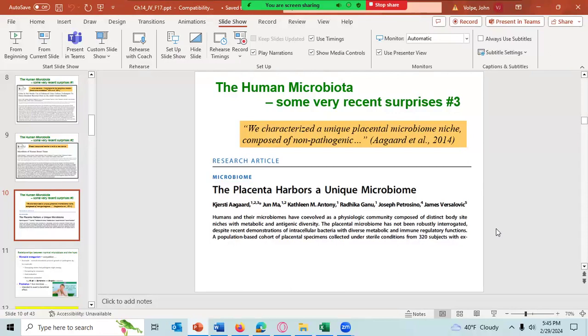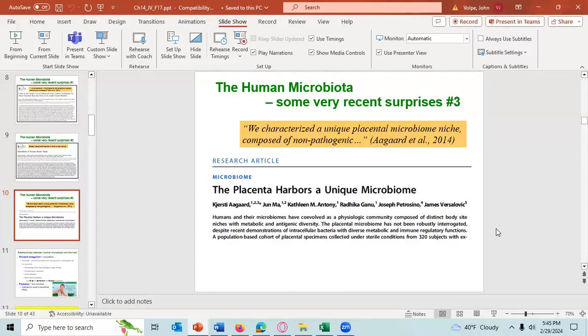What is unique is the placenta has a microbiota that is unique to the placenta, meaning this microbiota is found nowhere else in the human body. Any question about that?